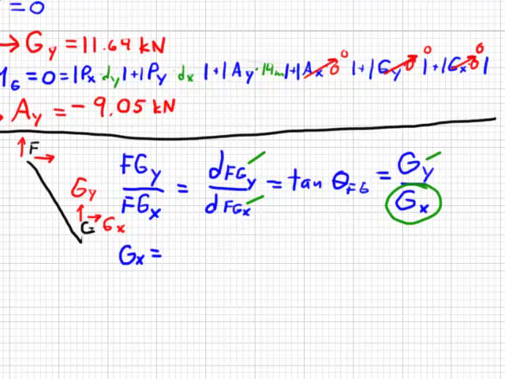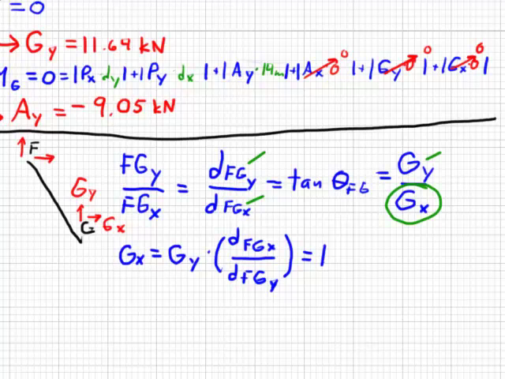Gx equals Gy times the distance from F to G in the x direction divided by the distance from F to G in the y direction. Now, very carefully note that there is a negative in here.